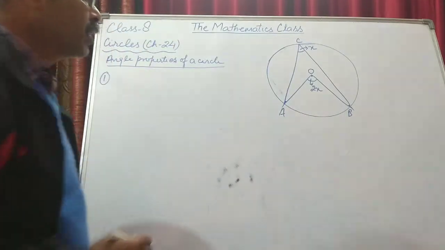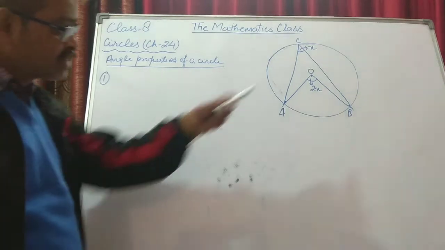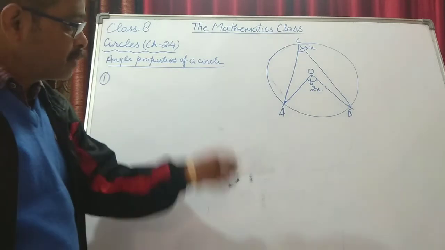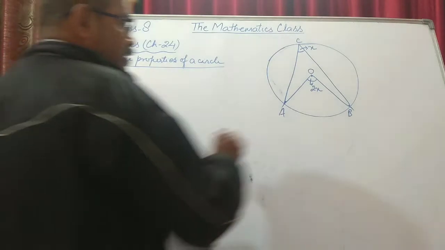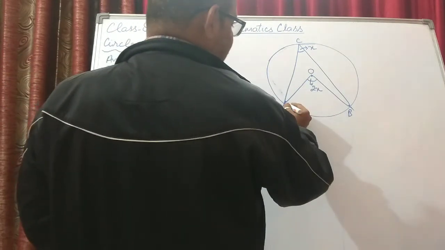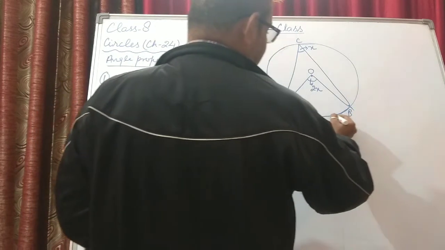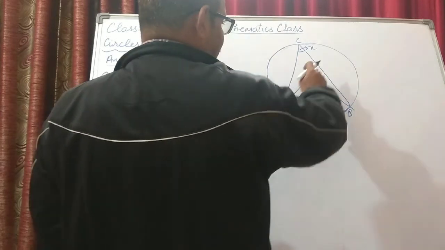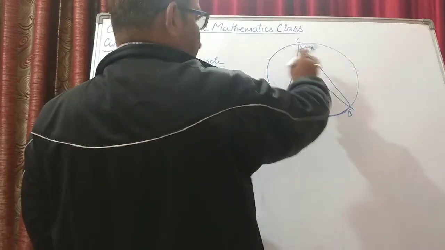What is the first rule? The angle made by an arc at the center is double the angle made by the same arc in the remaining part of the circumference. Remaining part means except this part, I take this arc, and with the help of this arc I make an angle at the center and on the other part of the circle.